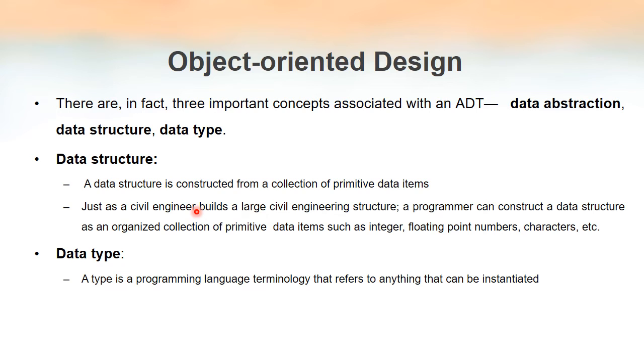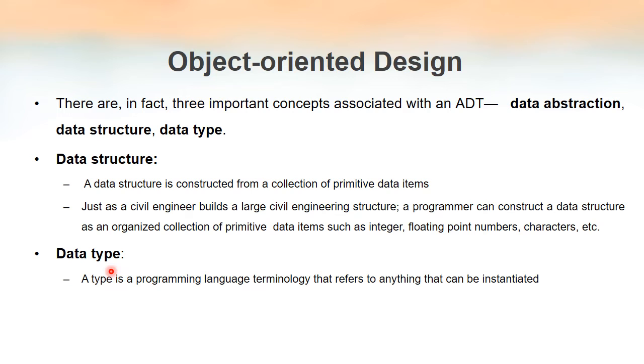And the third concept is data type. What's a data type? We know that int is a data type in C programming language. Why can we say that int is a data type? Because using that data type int, we can create so many integer variables. That creation of integer variables is known as instantiation.